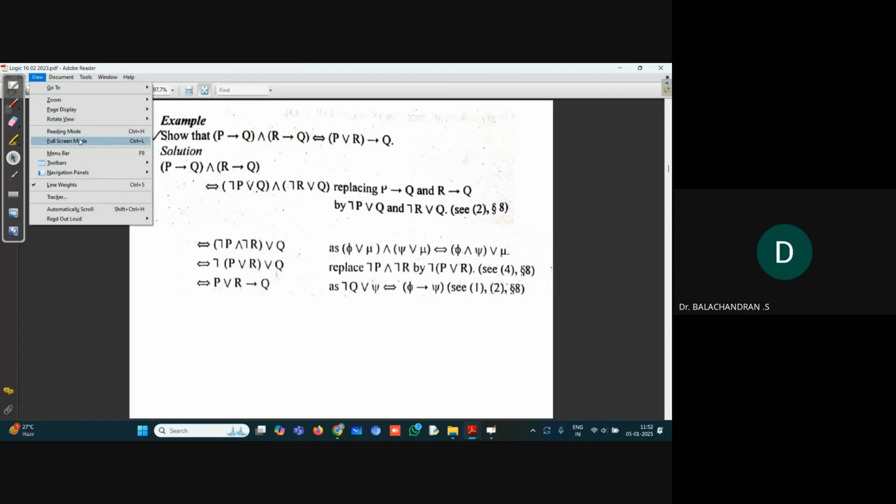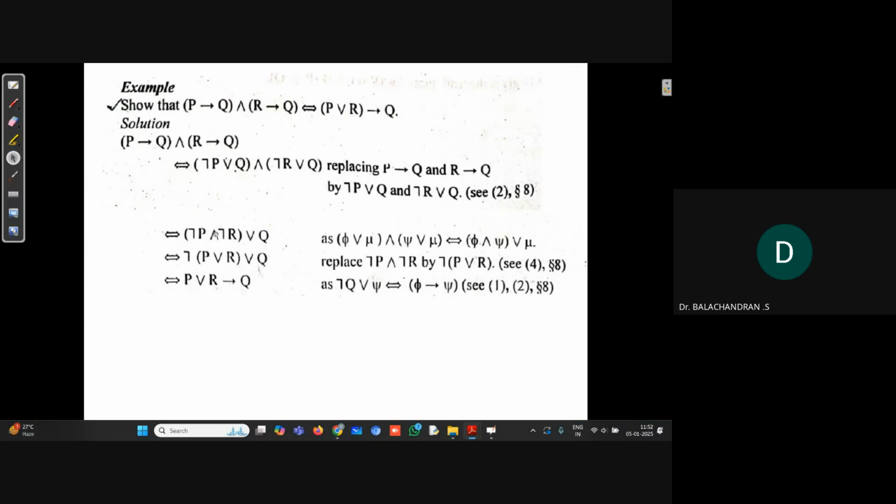Next class also I will explain this problem. Because we learned so many identities, if I solve one problem, then you know how we will use these.